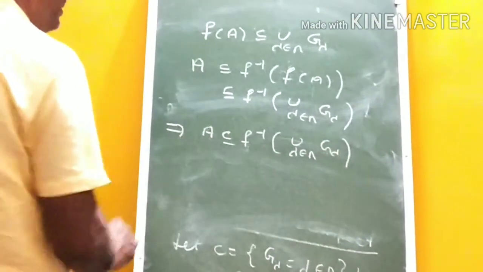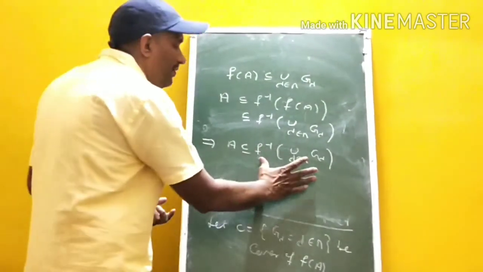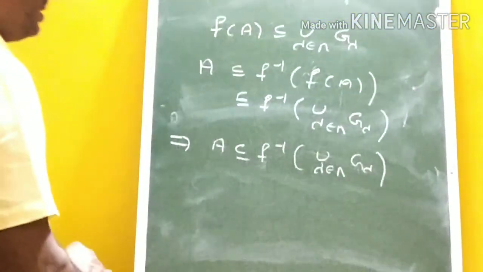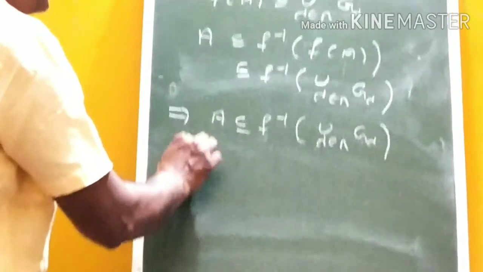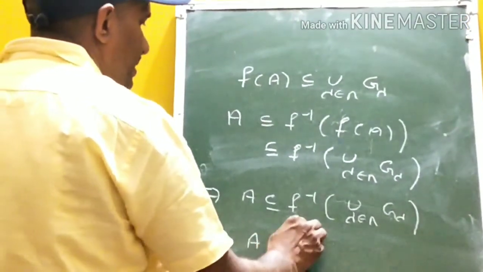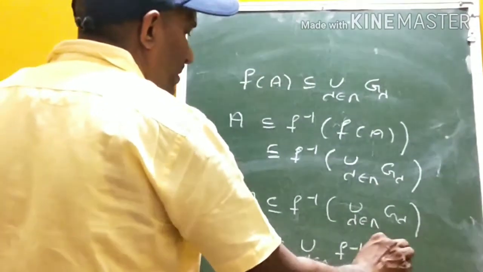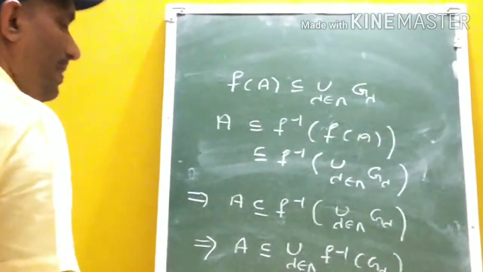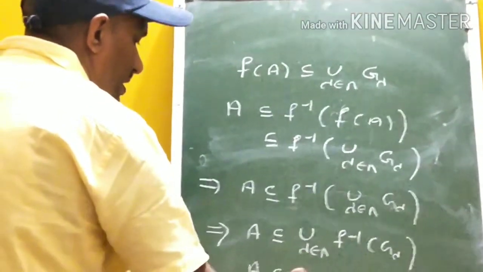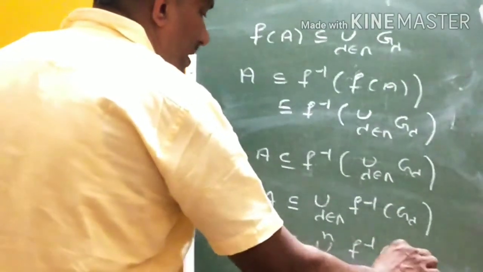Further, we are given A is compact, and this is the cover of A, so it has a finite subcover. So A is contained in union lambda belongs to gamma f inverse G lambda. But A is compact, so it has a finite subcover, so A can be further written as contained in union i from 1 to n f inverse G lambda i.